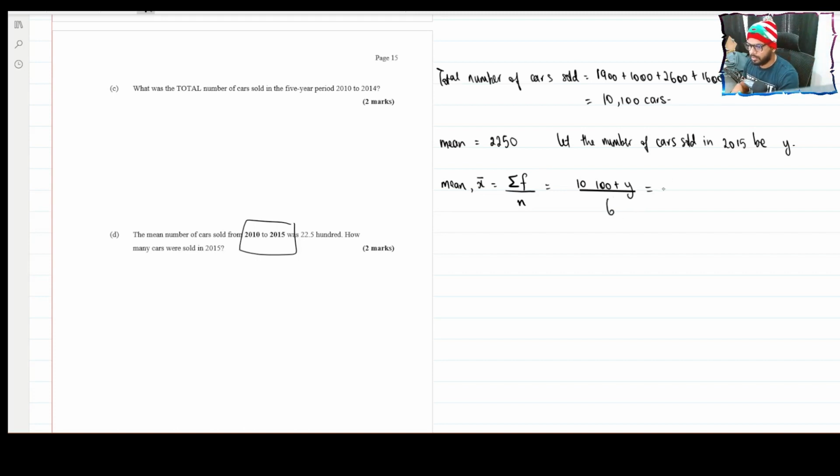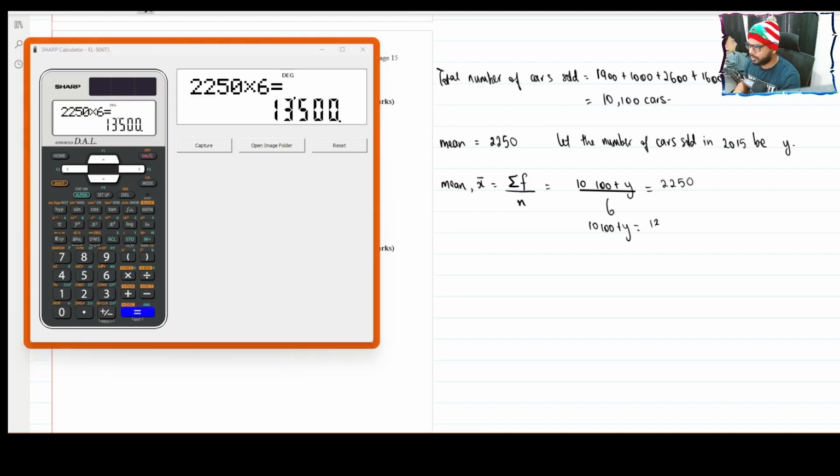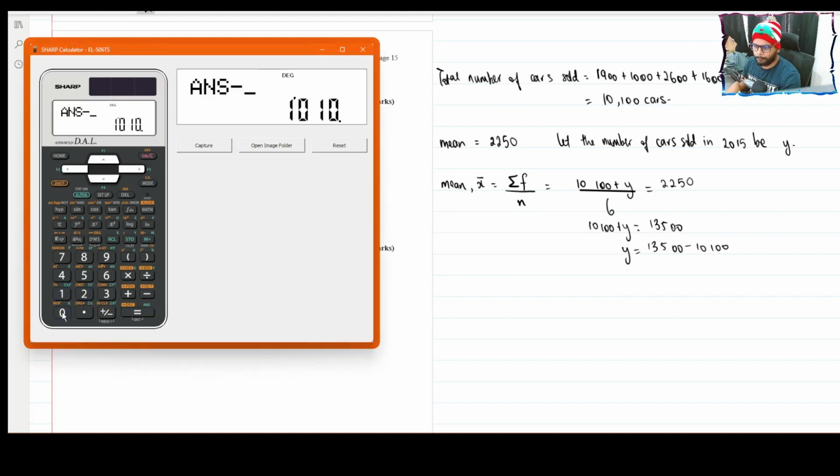The mean was 2250. Just a little rearranging: 10,100 plus y is 2250 multiplied by 6, which is 13,500, and y is 13,500 take away 10,100, and we get 3,400.